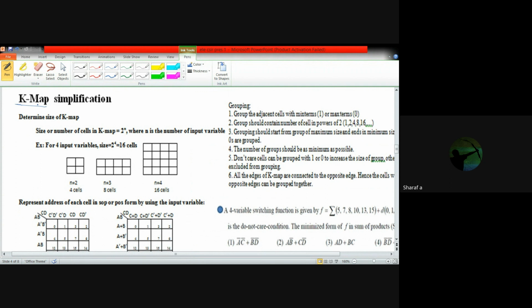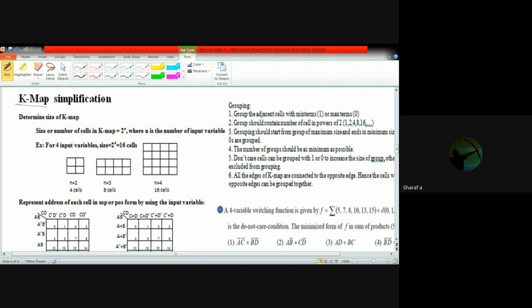This Karnaugh map is just a pictorial representation of the truth table, and it is used to reduce the Boolean expression, especially when the Boolean expression is very long or complicated. You can use this K-map to reduce them.